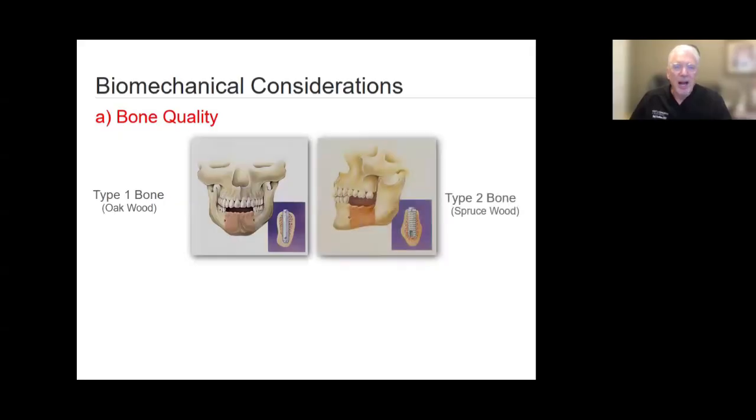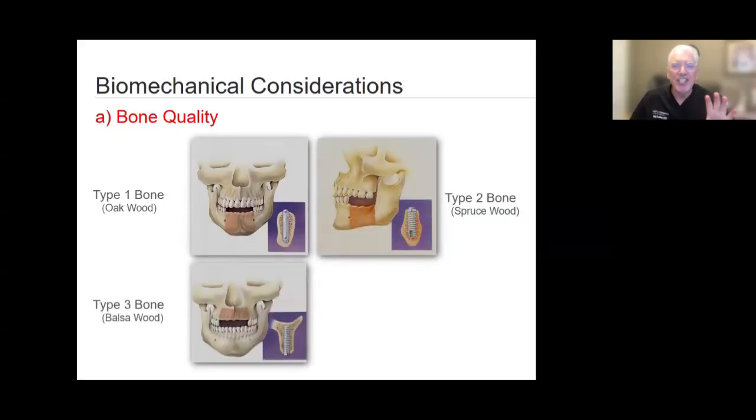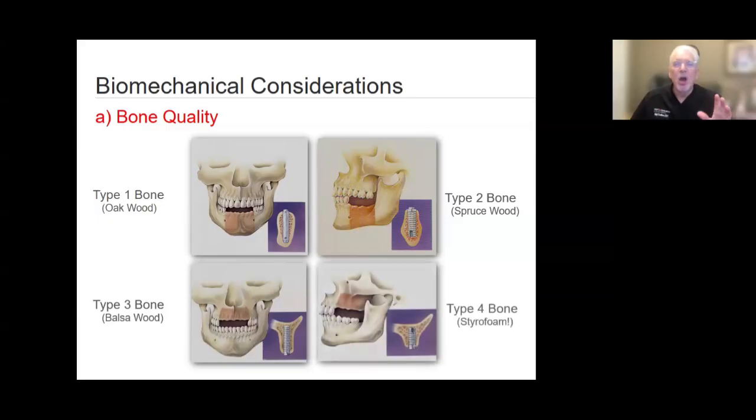Bone quality, you all are learning about bone quality, but this is good for patients to know too. What does bone quality mean to a patient? You ask them, it's nothing, but here's what it does mean to a patient. When do I get my teeth and how much does it cost? Because in poor quality bone, you're going to need more implants, more cost.